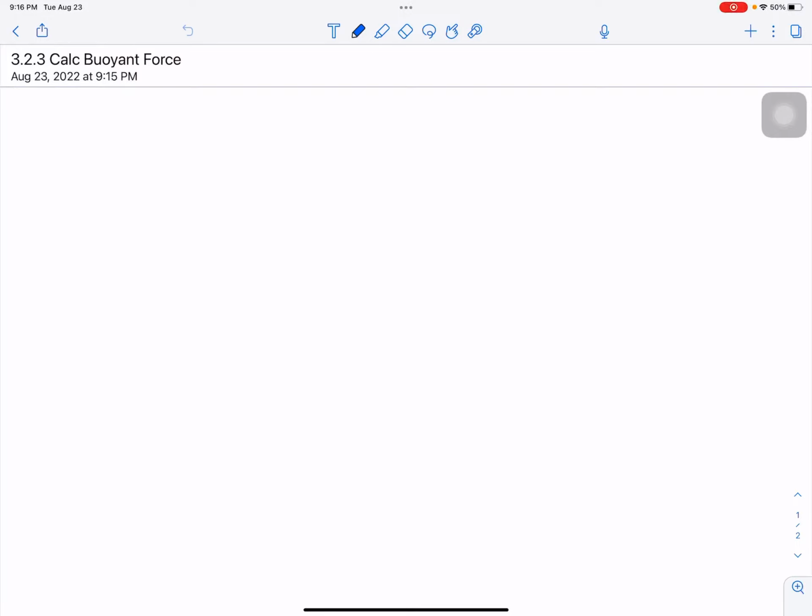Okay, so calculating the buoyant force on a piece of metal which sinks and a piece of wood which does not sink. So I had already gone through the pre-lab, which hopefully you listened to.